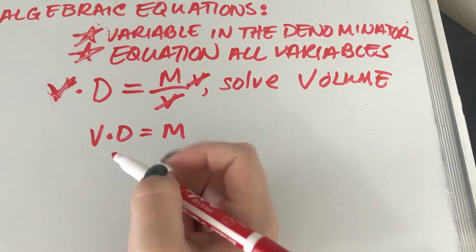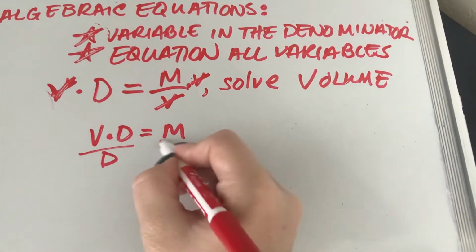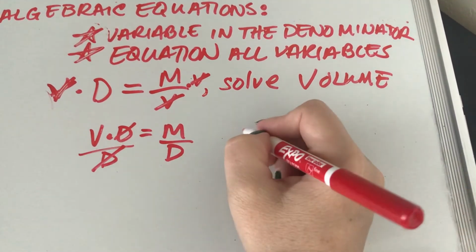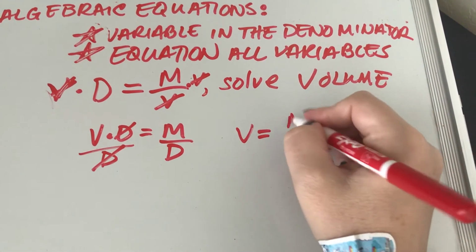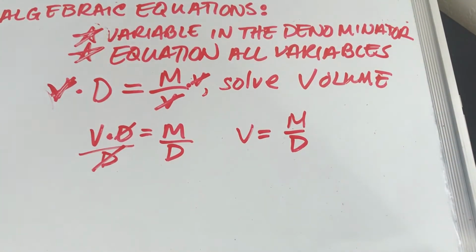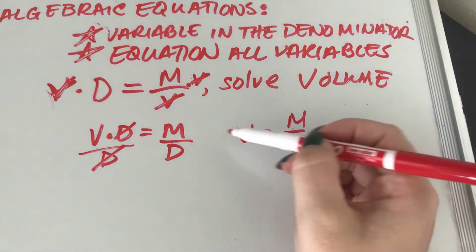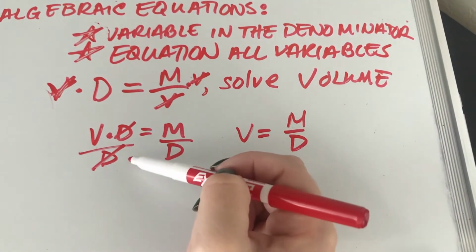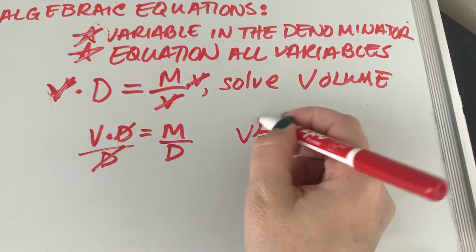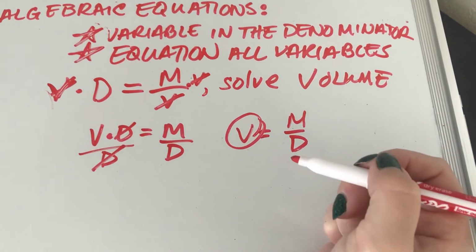Divide by D. Right? So we have V is equal to M over D. Making sure that you do both of those steps is super important to being able to get an answer that's actually a volume.